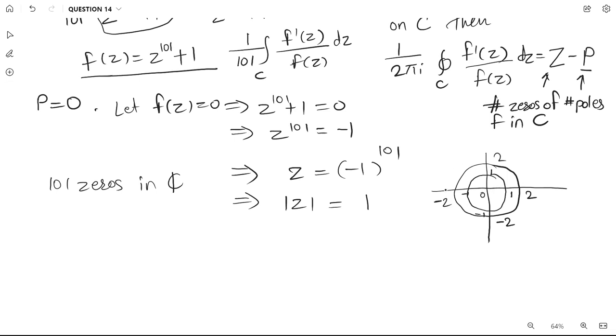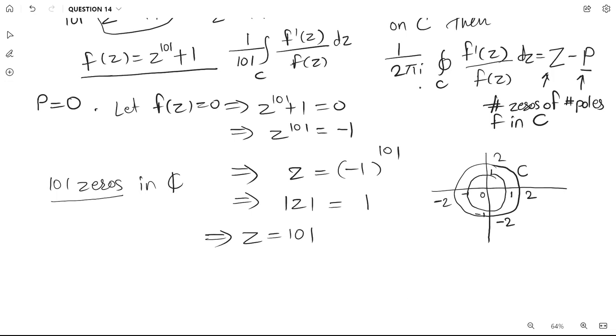So as we can see, every zero of f lies inside this outer circle C, right? So all 101 zeros lie inside C. So this implies Z is equal to 101. So all the zeros of f lie inside C.